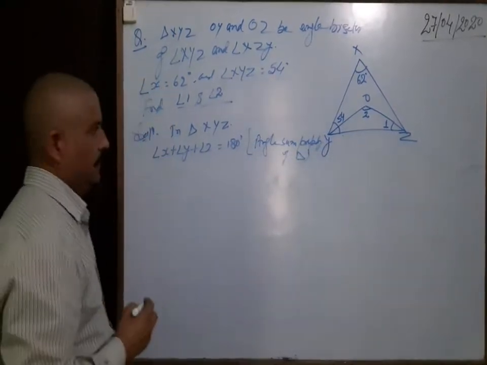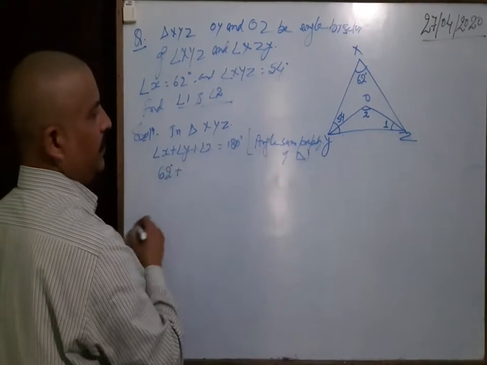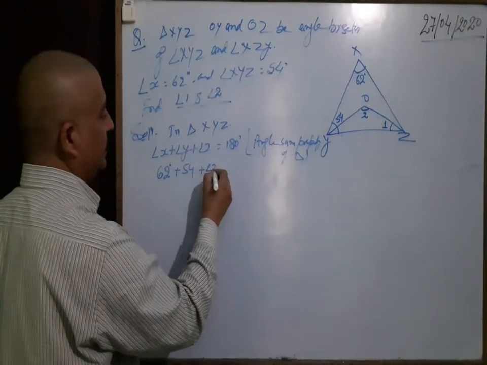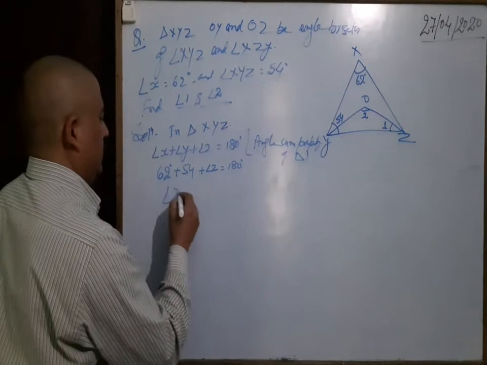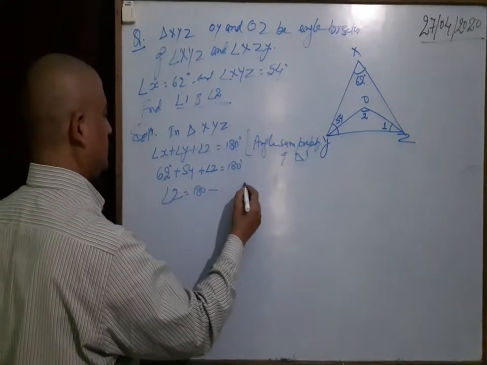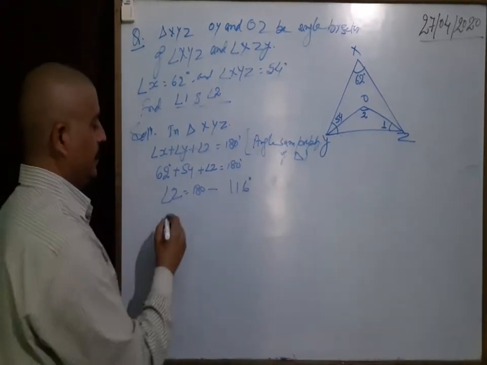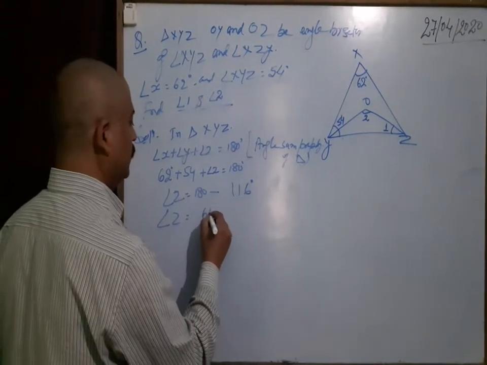X is equal to 62, Y is equal to 54, and angle Z equals 180 degrees minus 116 degrees. So angle Z is equal to 64 degrees.